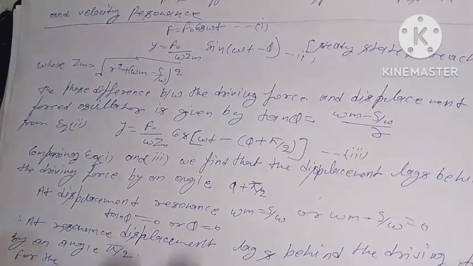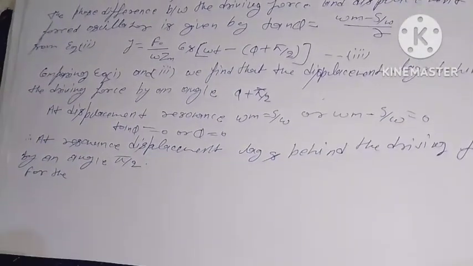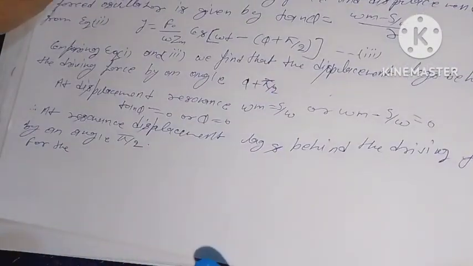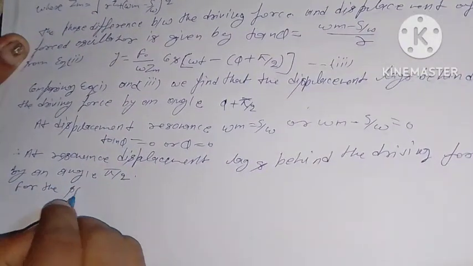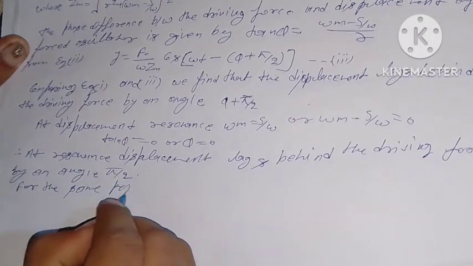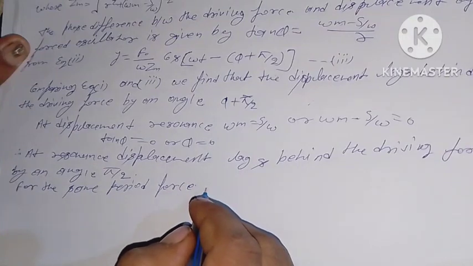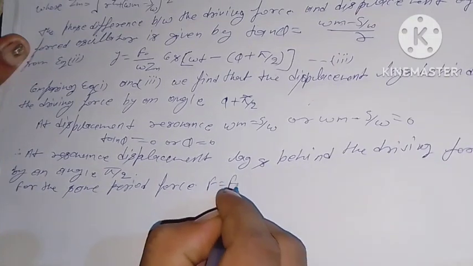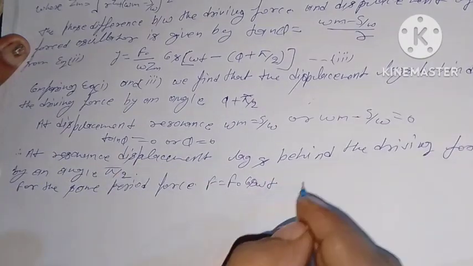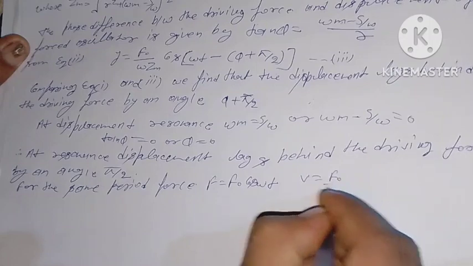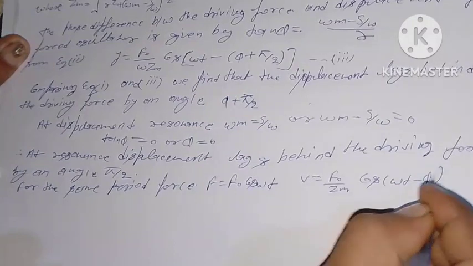For the same period, force F equal to F naught cos omega t, the velocity of the forced oscillator is given by V equal to F naught upon Zm cos omega t minus phi.